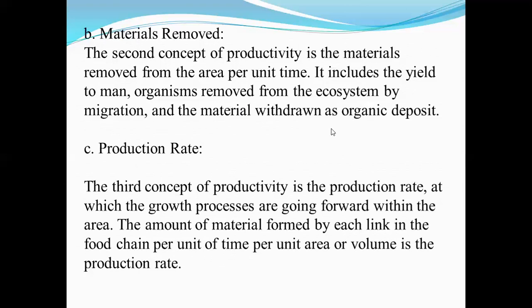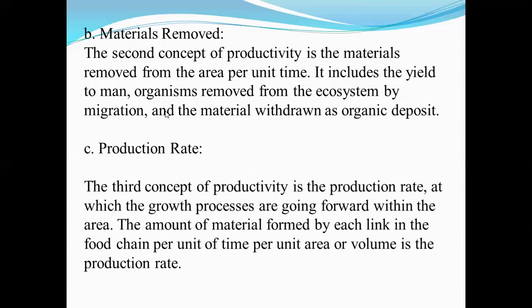So carbon dioxide could be an example for materials withdrawn as organic deposit, or the amount of nitrogen consumed by a legume plant over a period of time, or the number of organisms removed from the ecosystem by migration. So it could also include yield to man. That means how much of the crop has gone to man. That could also be known as materials removed.